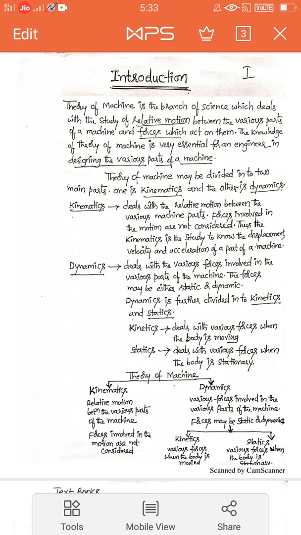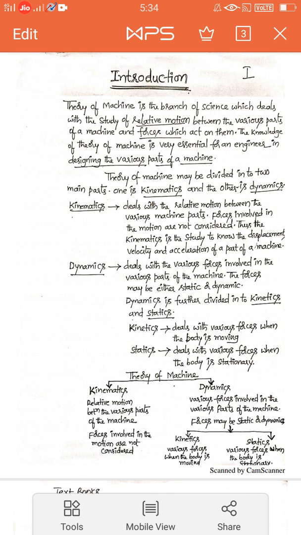The knowledge of this course, I mean the knowledge of theory of machines, is very much essential for a mechanical engineer in order to design the various parts of a machine.